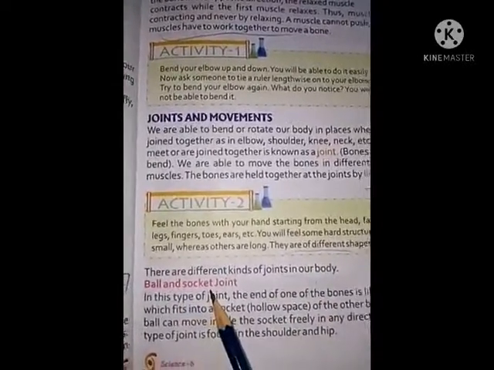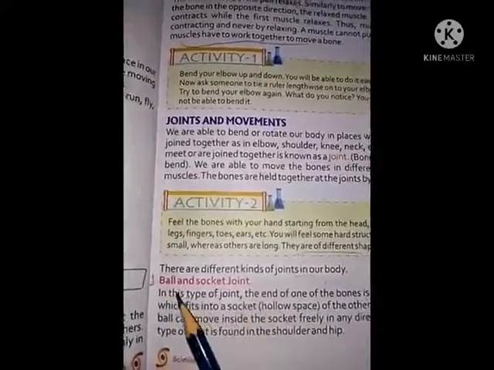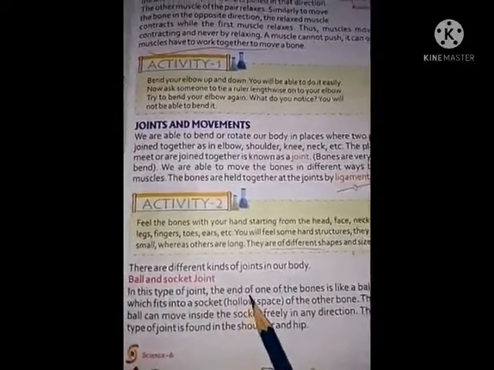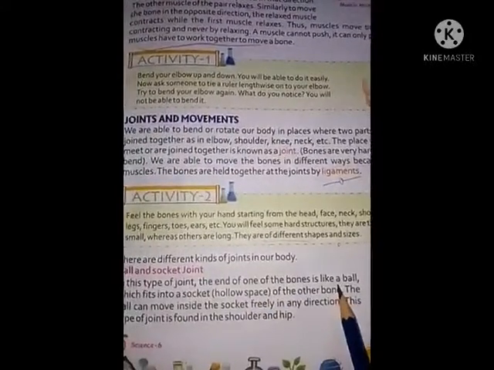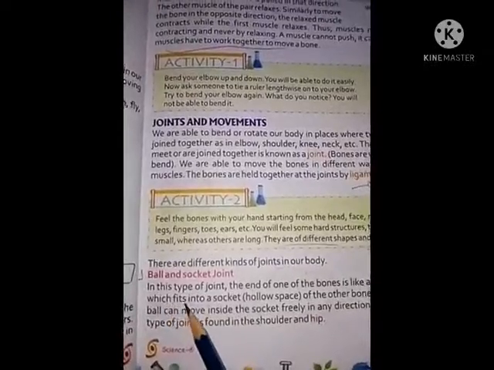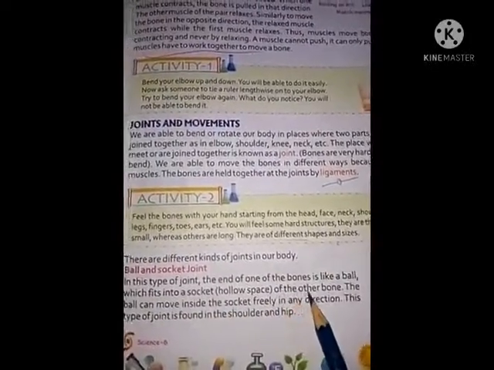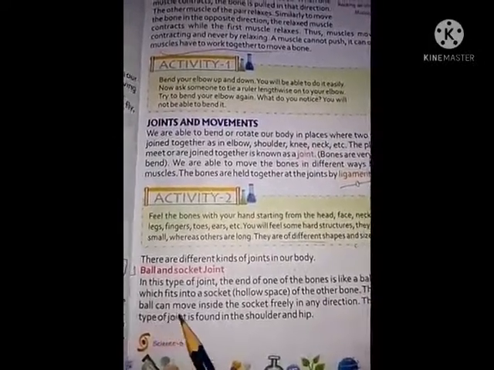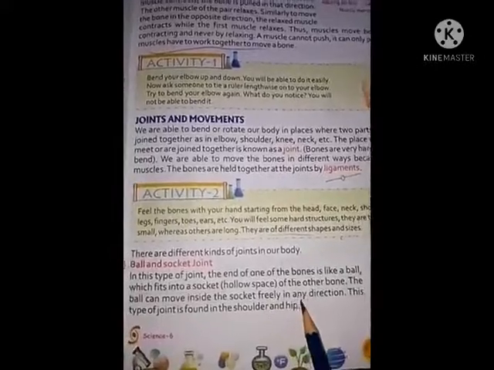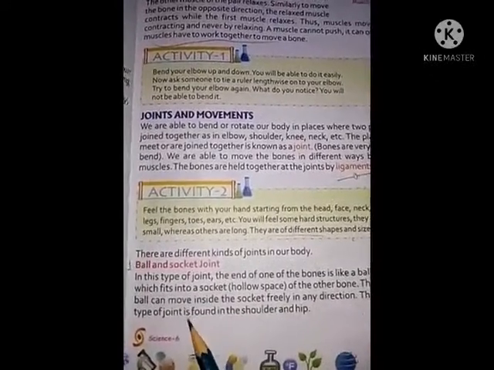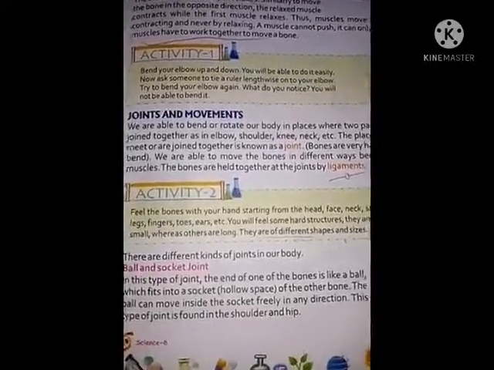Number 1, ball and socket joint. In this type of joint, the end of one of the bones is like a ball, which fits into a socket, a hollow space of the other bone. The ball can move inside the socket freely in any direction. This type of joint is found in the shoulder and hip.